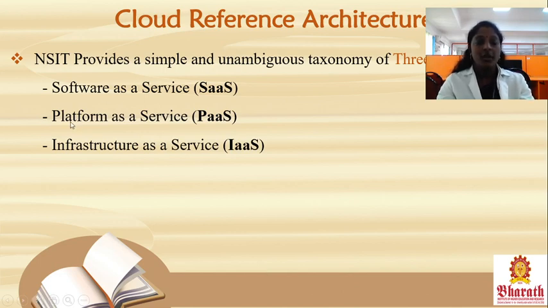In software as a service, we are getting only one software, either Microsoft Office, or a camera application or photo application. Any one application you can get as a service. Whereas in platform as a service, you get the OS, the operating system, or the necessary services so that you can create your own software.